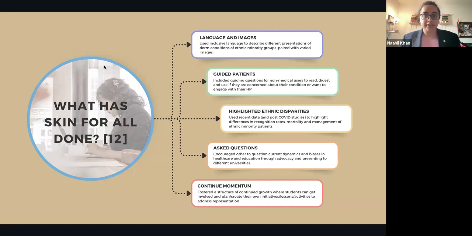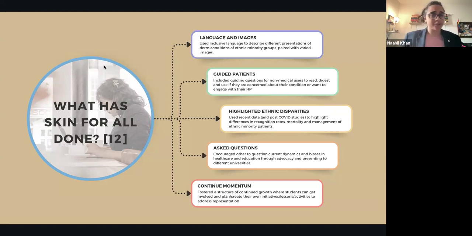We've guided patients, so we've included questions that non-medical users can read when they want to guide a conversation with their healthcare professional if they don't feel they have the confidence to do so. It's highlighting ethnic disparities. There are lots of essays and resources within the website that reference post-COVID studies, which highlight the recognition rates, mortality rates, and management of ethnic minority patients.